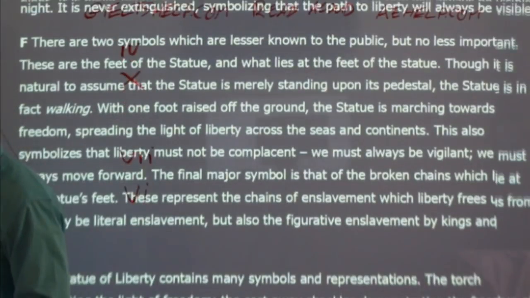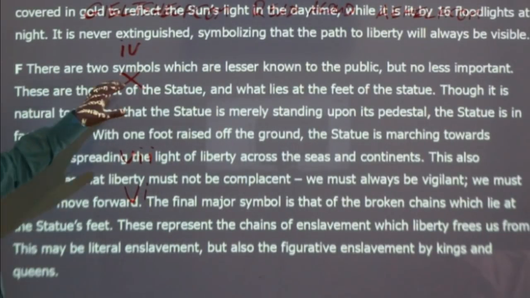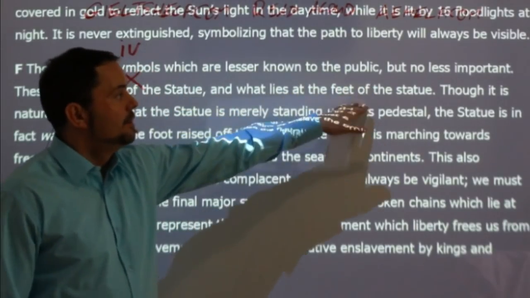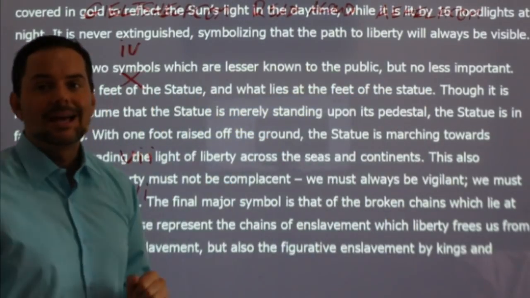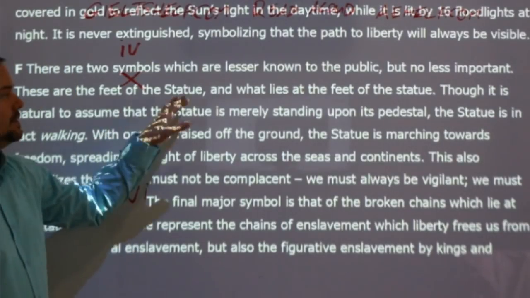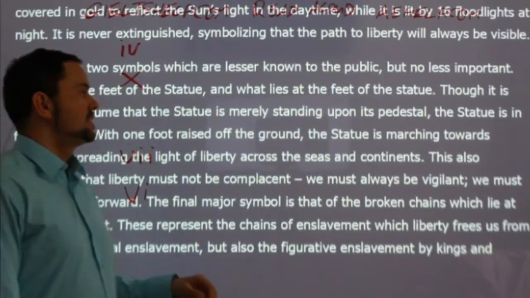Here we go. So, read with me. There are two symbols which are lesser known to the public, but no less important. These are the feet of the statue and what lies at the feet of the statue.